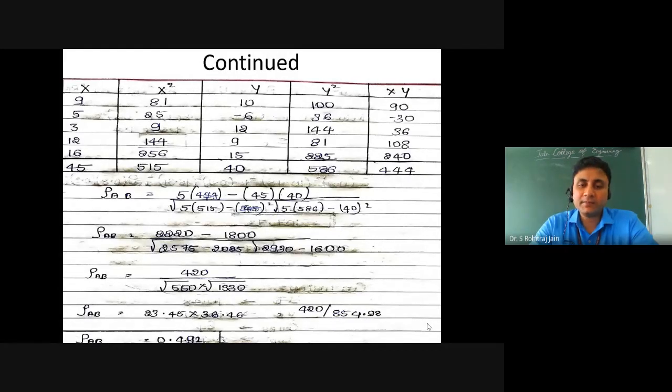Multiplied by 586, multiplied by 5 minus 40 square, the second component, that is 1330. So if I calculate, I get the value of the correlation coefficient that exists between the two stocks as 0.492. Okay.